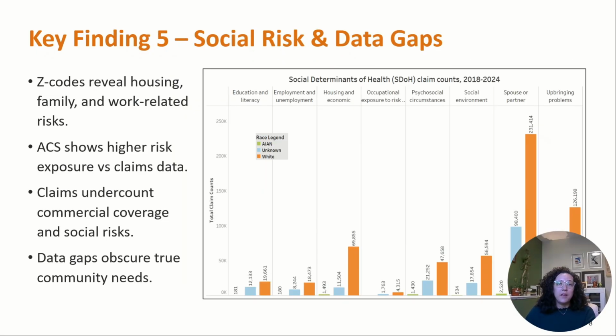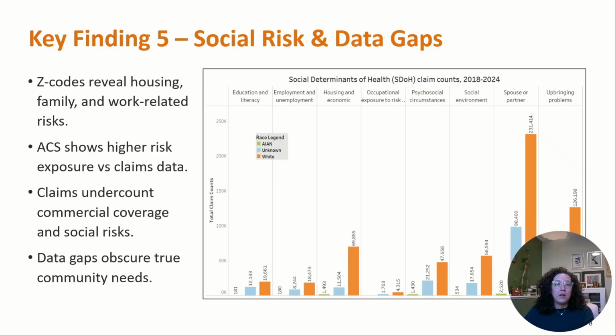So finally, we explored social risk data. We can see from this slide housing instability, family strain, and work challenges through Z codes. But we know that this often underrepresents reality. Z codes are very limiting in terms of billing and administrative structure.